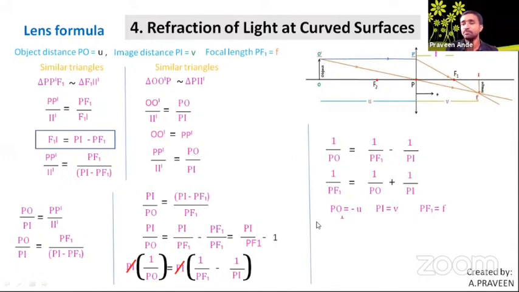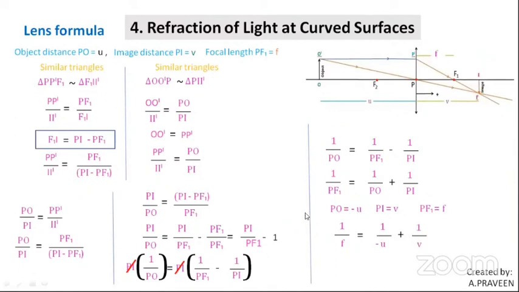So Pf1 is replaced by F now, that is equal to 1 by Po, where Po is the object distance, given as minus U, plus 1 by Pi, where Pi is replaced by V now.